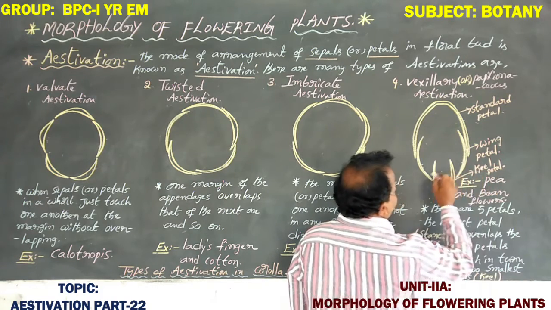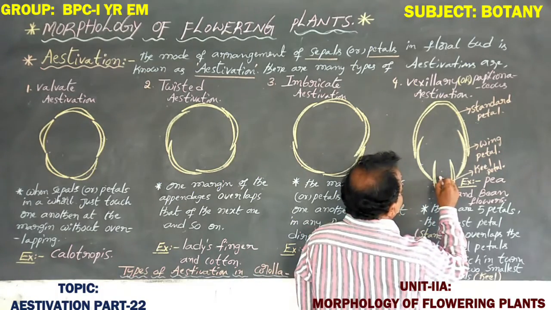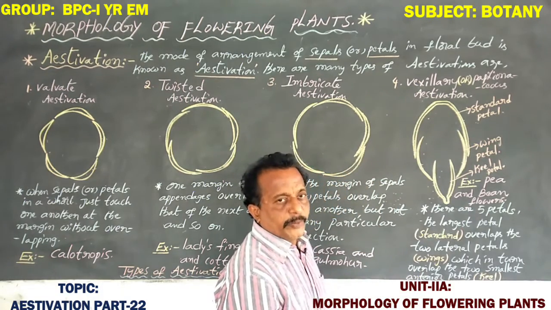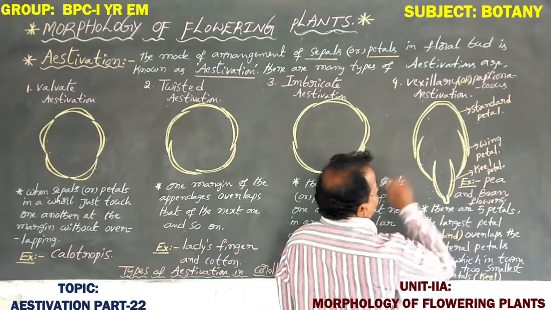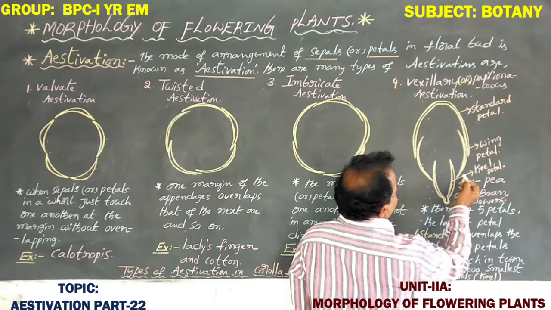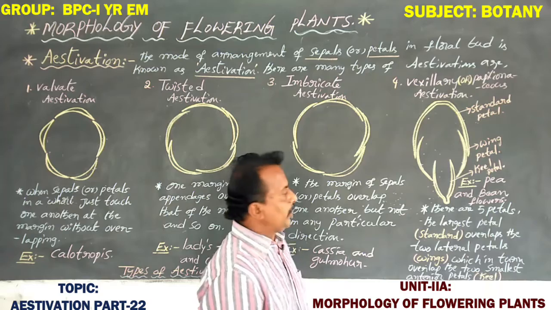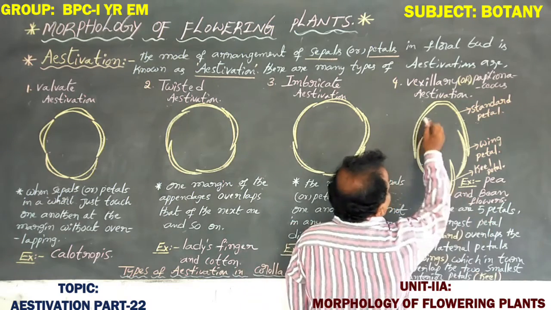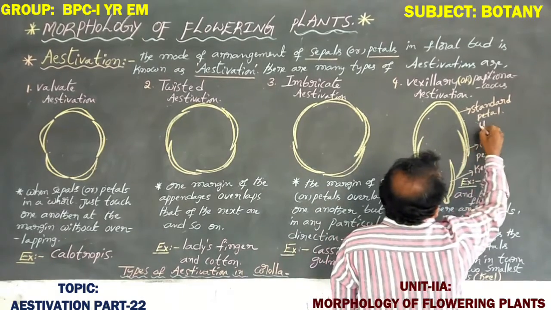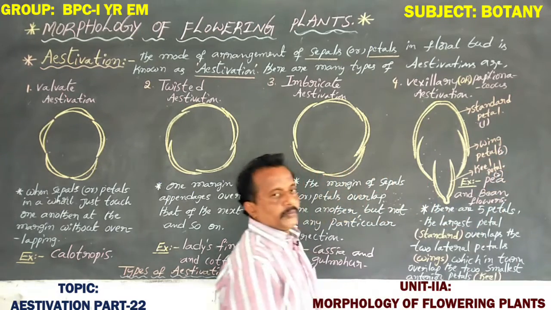The first petal is the standard petal, the largest. The second, the wing petal, is smaller, and the third, the keel petal, is the smallest. Totally how many petals are here? 5 petals. 1, 2, 3, 4, 5. But here the standard petal is only 1, wing petals are 2, and keel petals are 2.